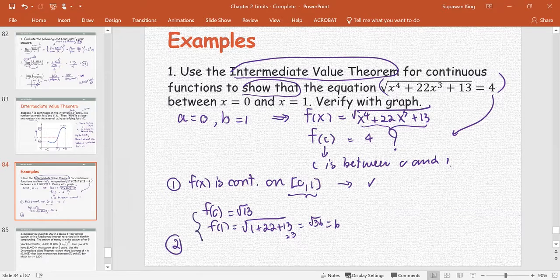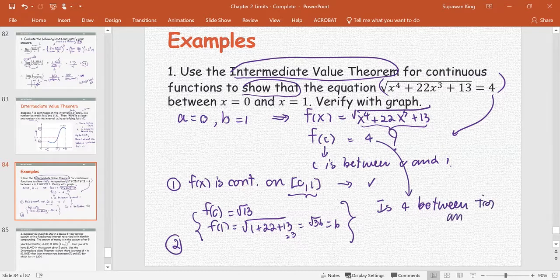And then number 2, we have to look at the value at point 0 and at point 1, since we already found it from step 1. f at 0 is the square root of 13, f at 1 is 6. And we're going to see whether 4 lies between f at 0 and f at 1 or not.